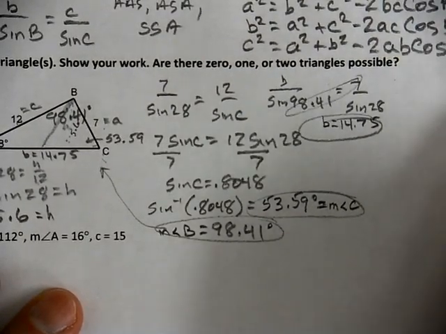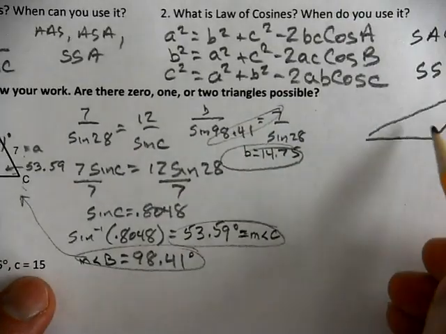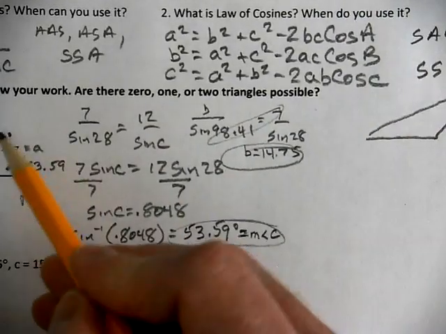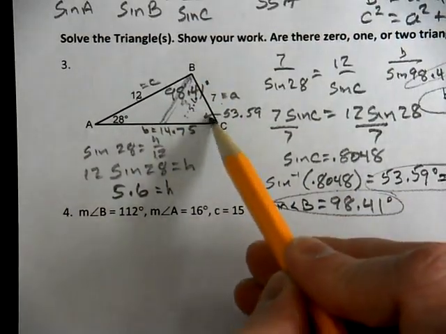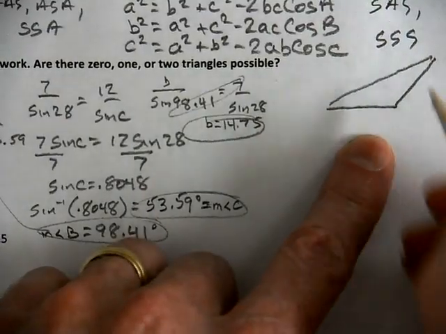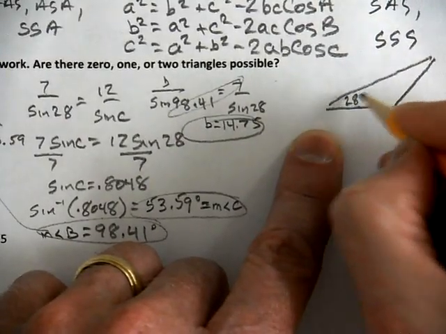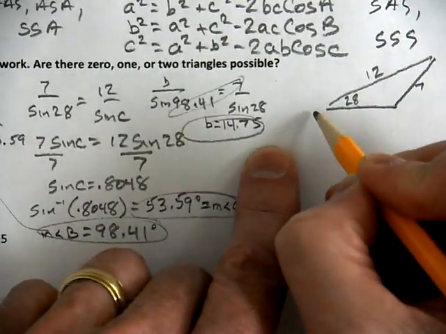So now what we're looking at is if we have a triangle that swings in, this side's going to swing in, that's going to be supplementary to this one. So we still have our 28, we still have our 12, we still have our 7.